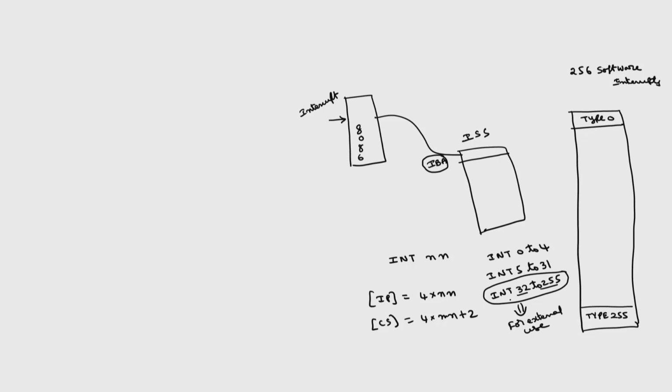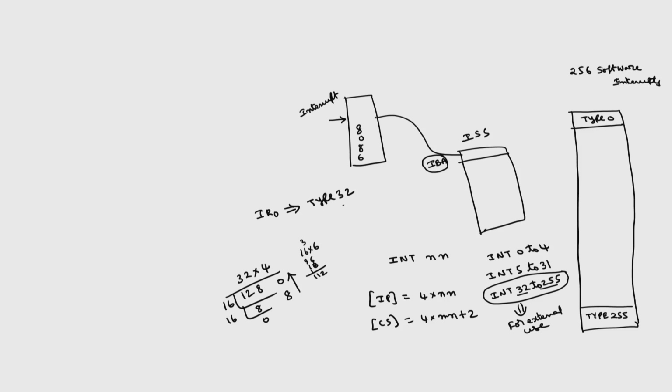For example, if I use INT 32 type of interrupt for IR0, say I want IR0 to operate at type 32, what are the corresponding addresses? 32 into 4 is 128 in decimal. For hexadecimal, 16 times 7 is 112, 16 times 8 is 128, with 0 remainder; 16 into 128 is 8 with 0 remainder, so 80H.